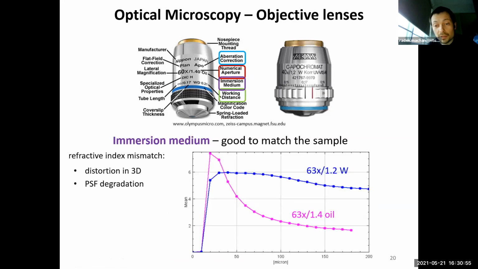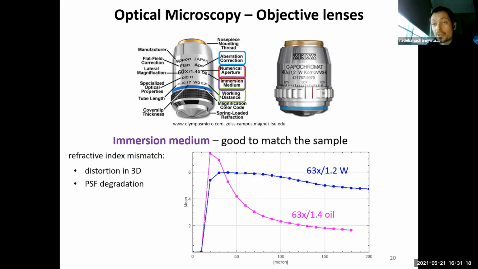So I will illustrate this by a little bit more microscopy related example. Here I compare two lenses on the same microscope. One is a 63 times water immersion lens, and one is a 63 times oil immersion lens.